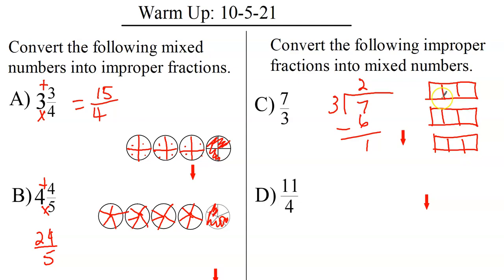And when I cut them all into thirds, I count 1, 2, 3, 4, 5, 6, 7 thirds, right? These ones are already gone. So I have 2 whole candy bars plus 1/3 left over. I take this one that's left over and it's cut into thirds. So the answer is 2 and 1/3.